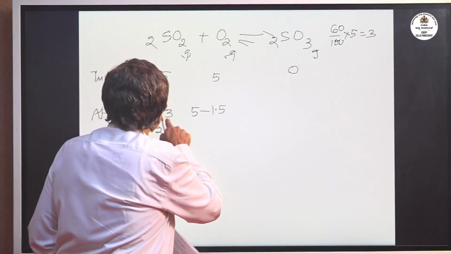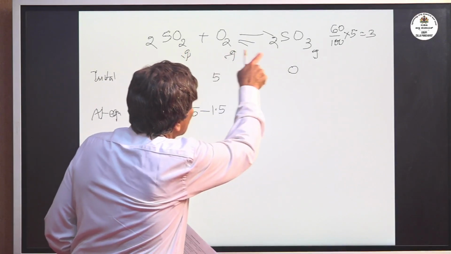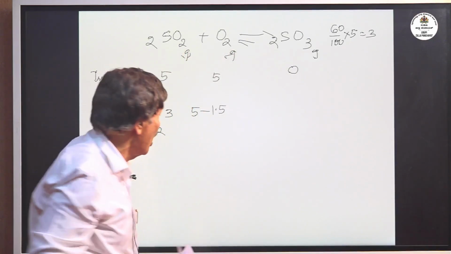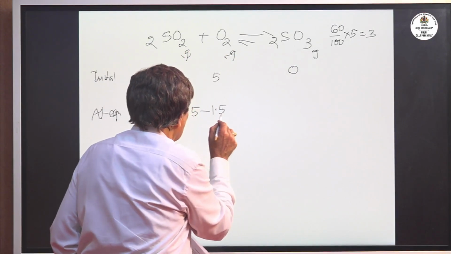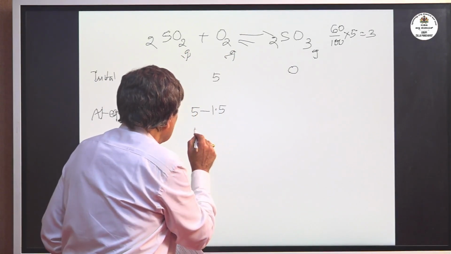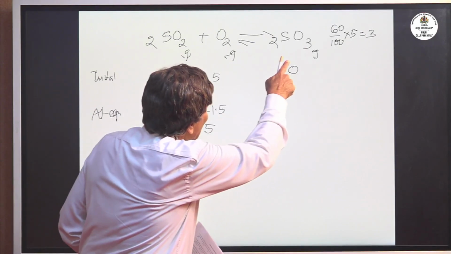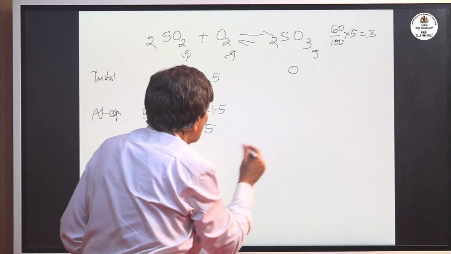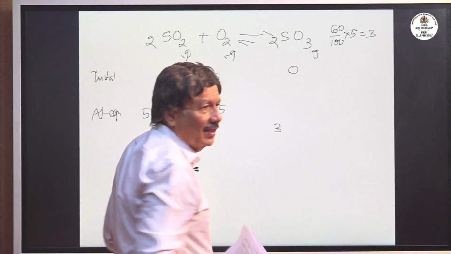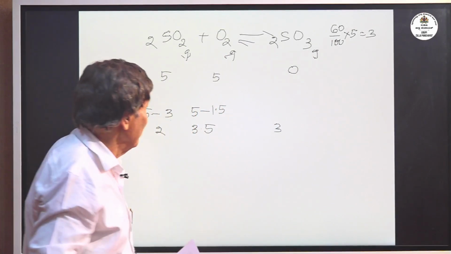So 5 minus 1.5 is 3.5. Number of moles of SO2 used is equal to number of moles of SO3 formed, so this is 3. These are the number of moles at equilibrium.